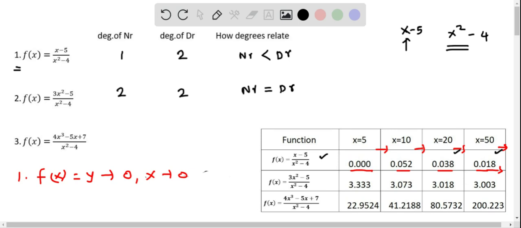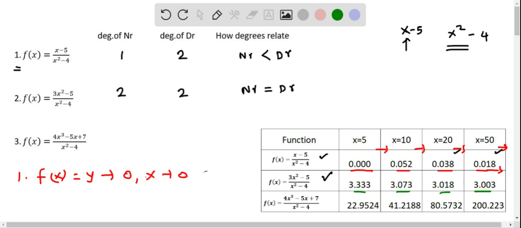Then we plug in the values x equal to 5, 10, 20 and 50 into this second function, and we get these values: 3.333, 3.073, and when x equals 20, 3.018, and 3.003.